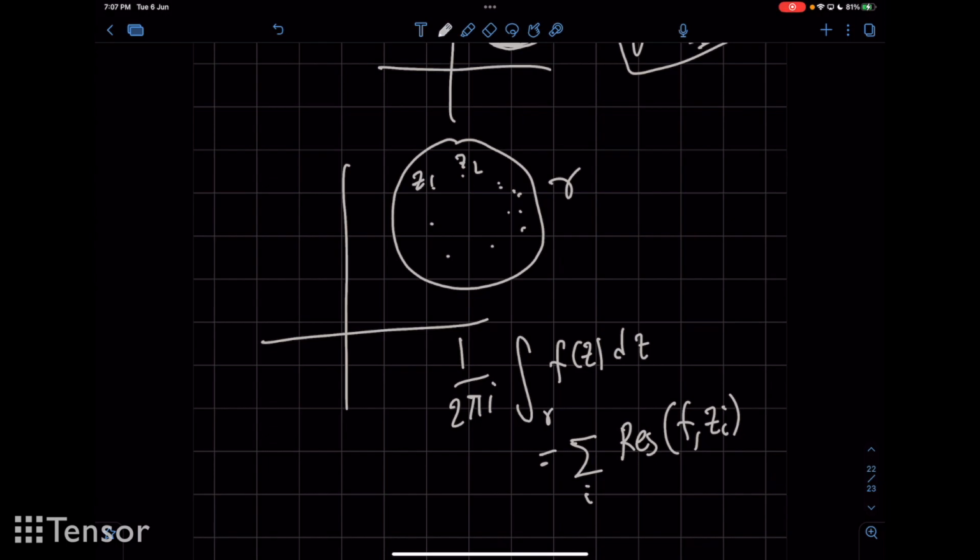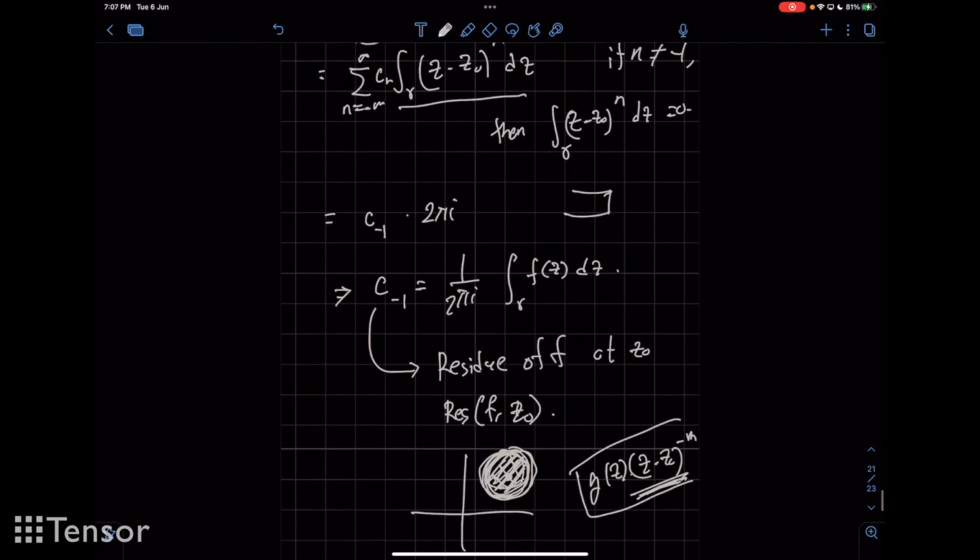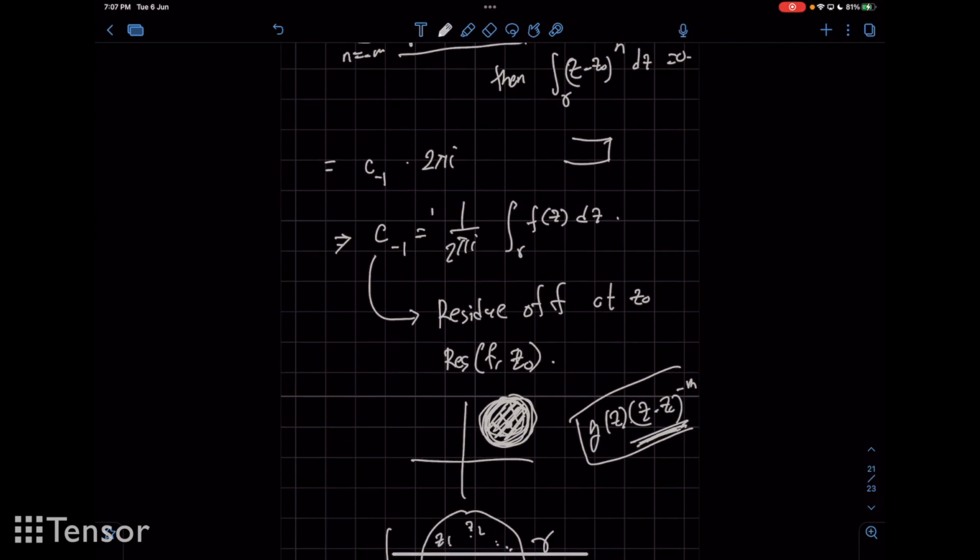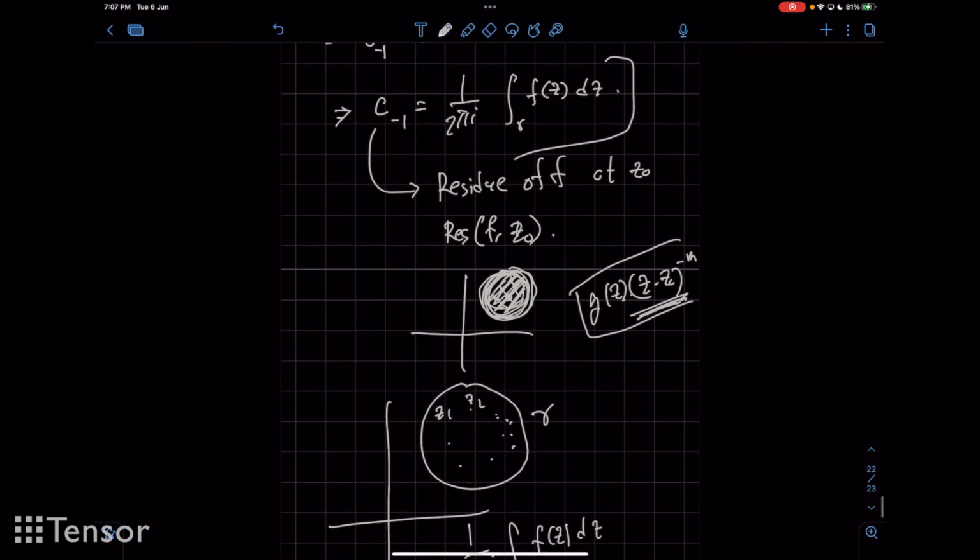You can think of this as a generalization of the earlier equality.